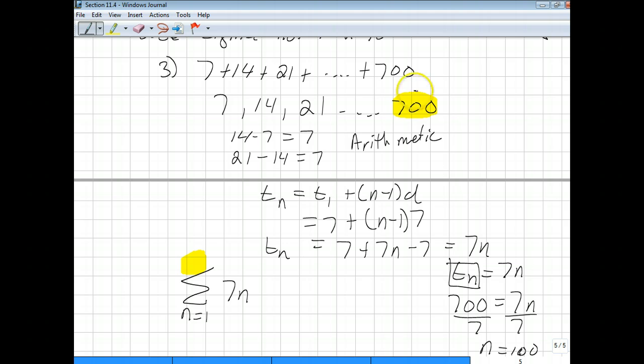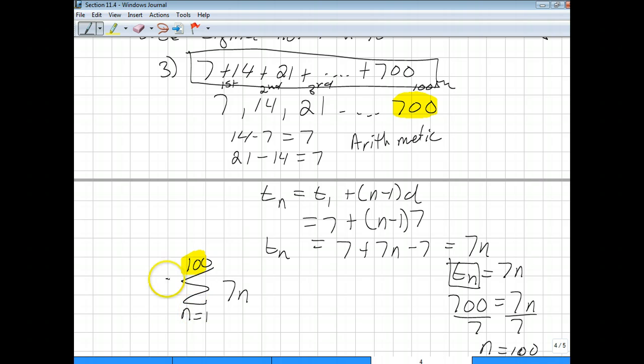So 700 is the 100th term. This is the first term, this is the second, this is the third, and we're adding up all the way up to the 100th. So 100 goes here. Okay? So this series is represented by this sigma notation.